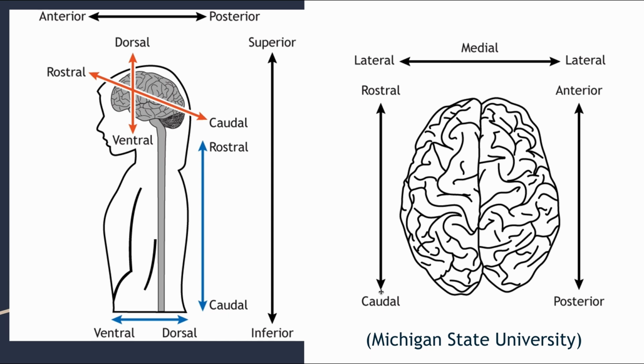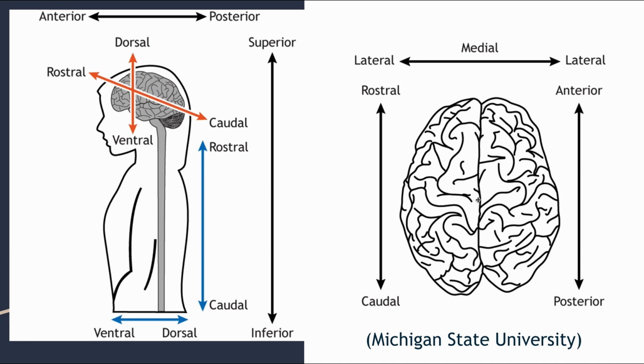From a top view, we can identify the front side of our brain as rostral or anterior. Conversely, the back side of our brain can be called caudal or posterior.